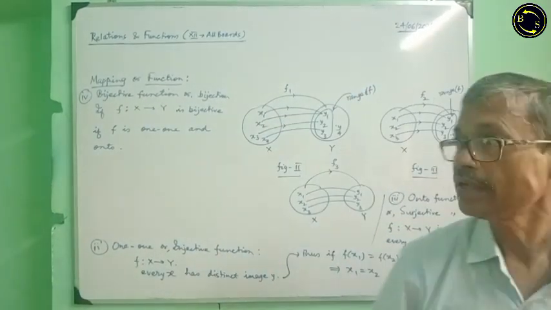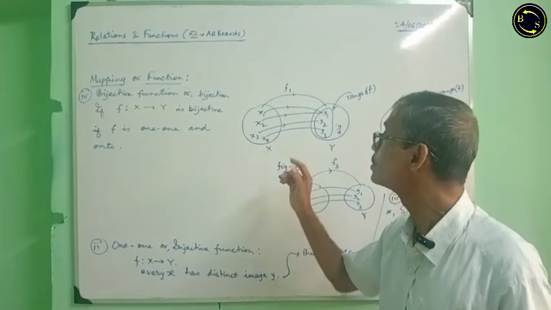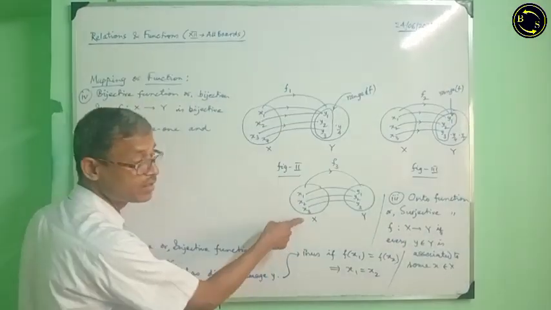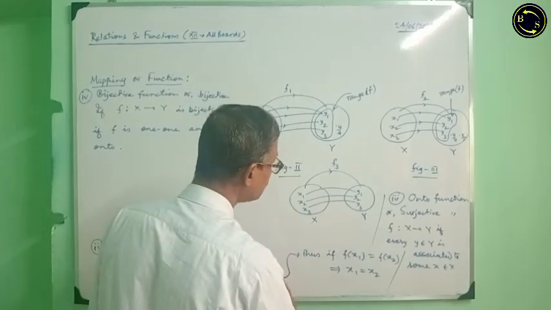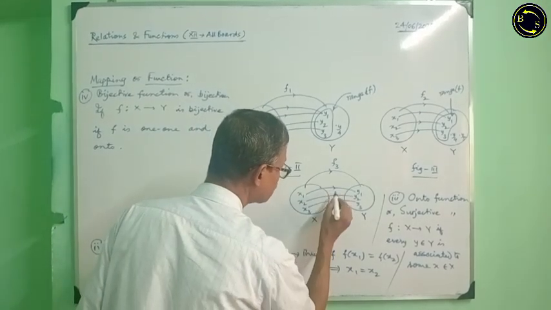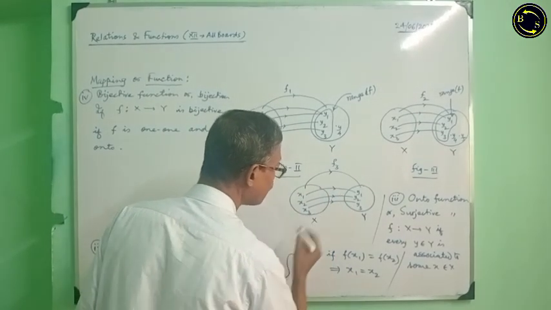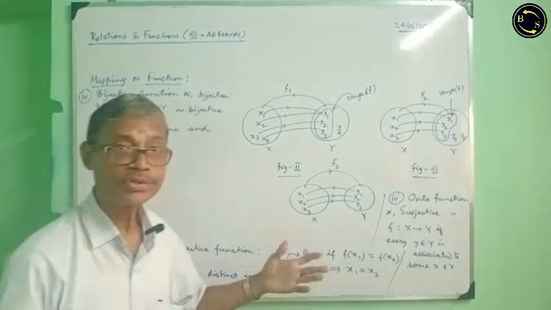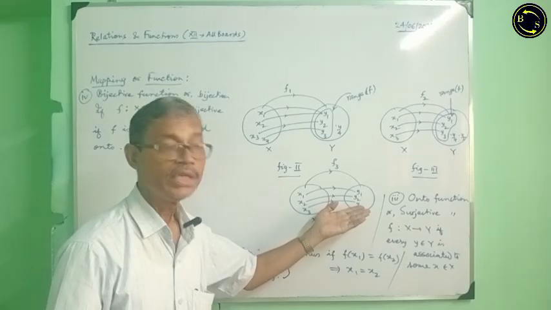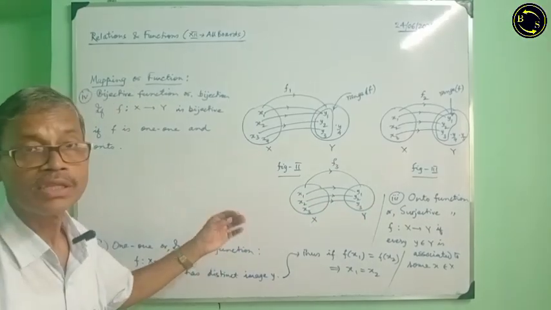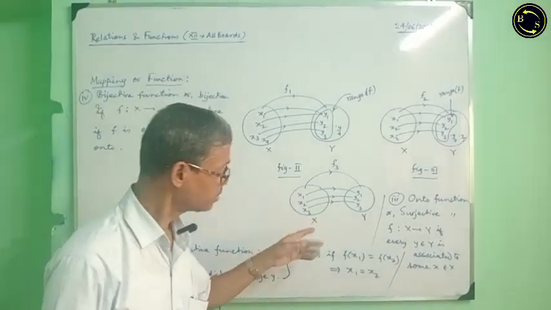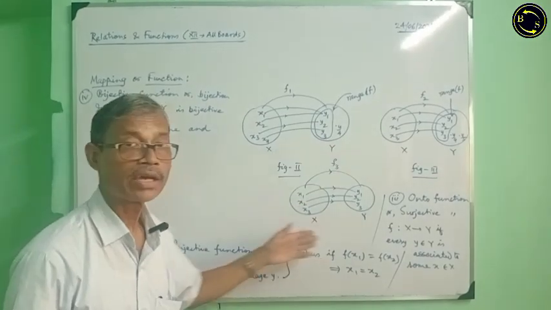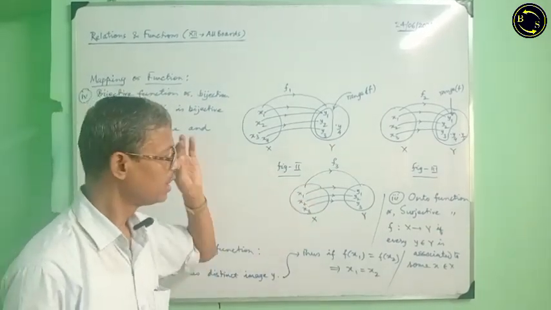The simple meaning is that every x of set X is associated with a distinct y of set Y, and on the contrary, every y is associated with a distinct x in X. Follow this diagram, then it will be clear.